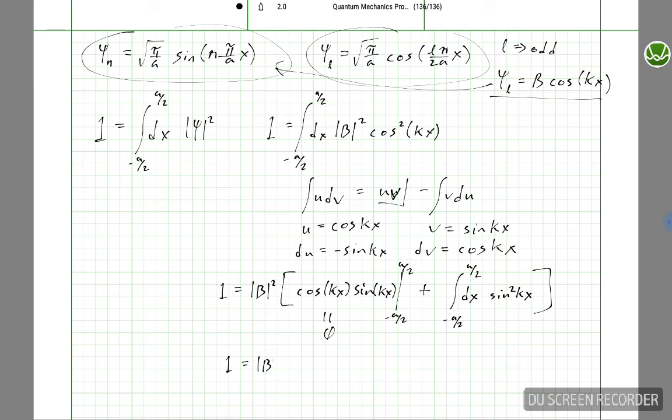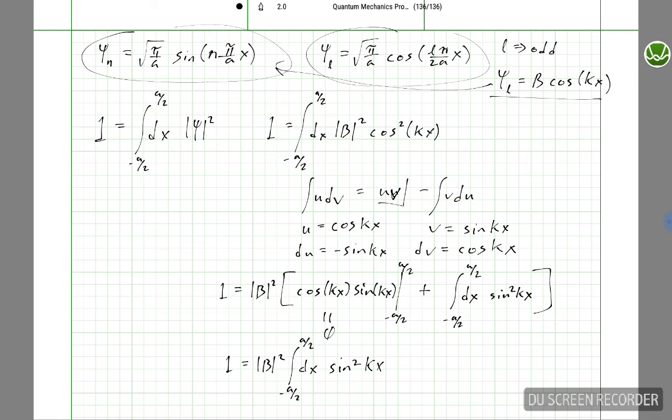We have the same normalization constant. Isn't that nice? So we got it the same exact way that the book did.